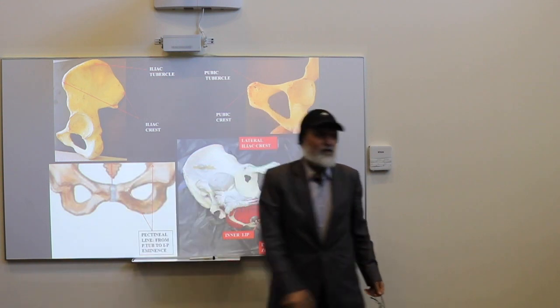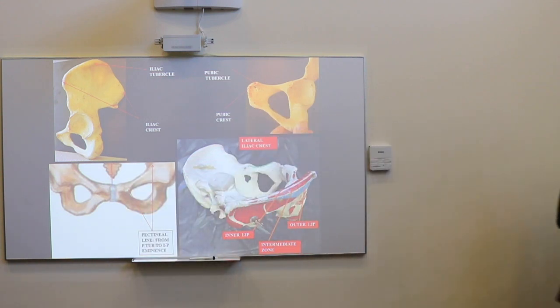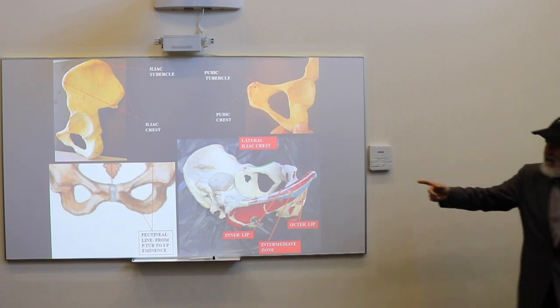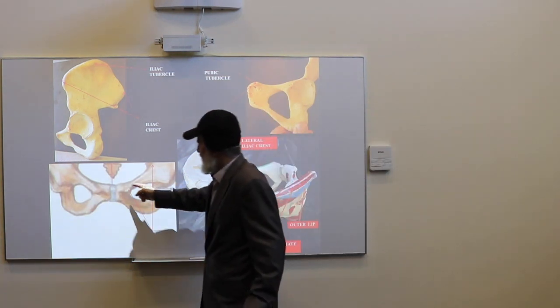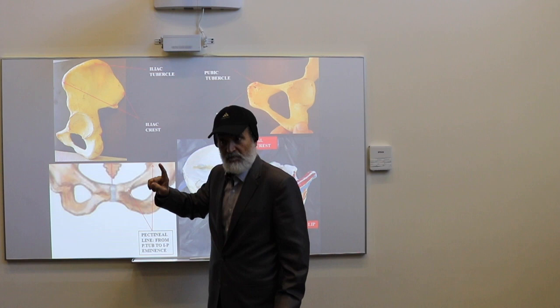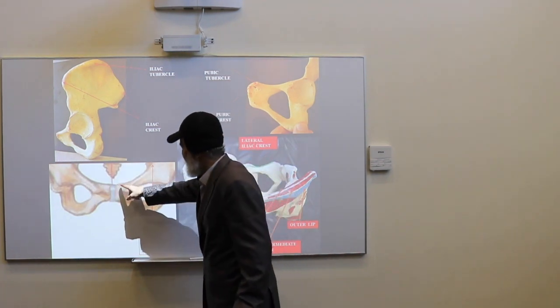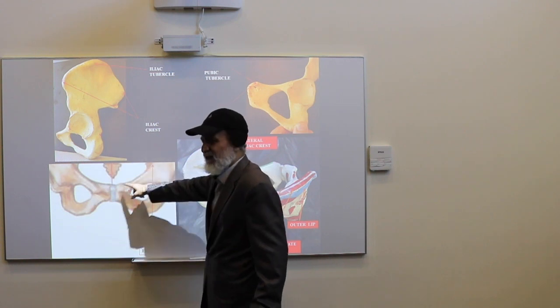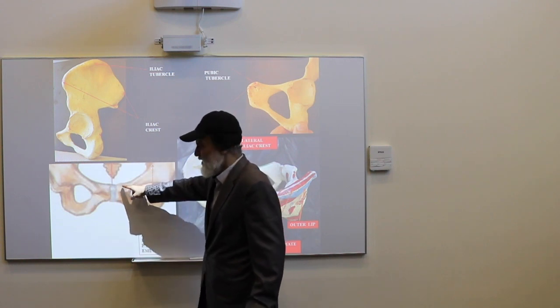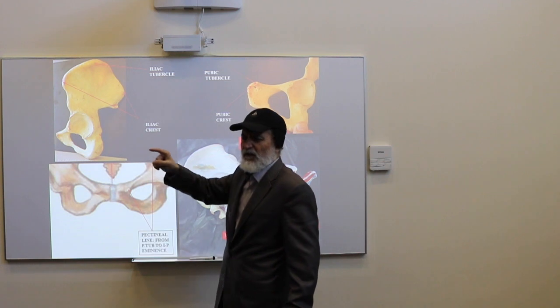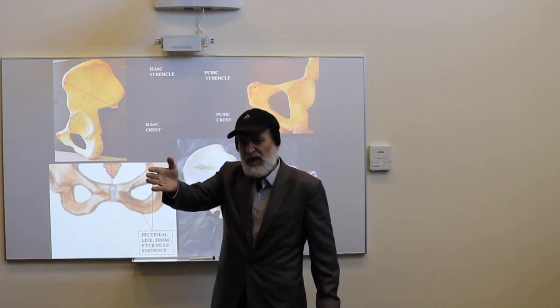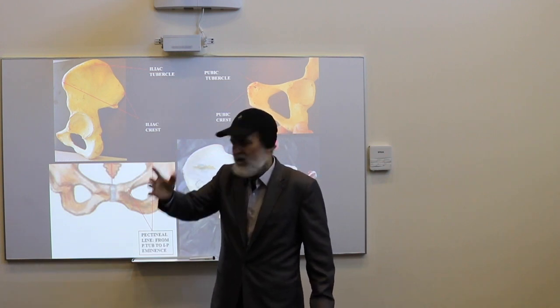This is the lateral end of the crest. There is something silly, and when I say silly, it is silly, called the pectineal line, the pectineal extension of the inguinal ligament.